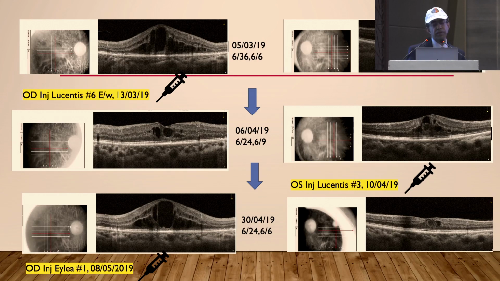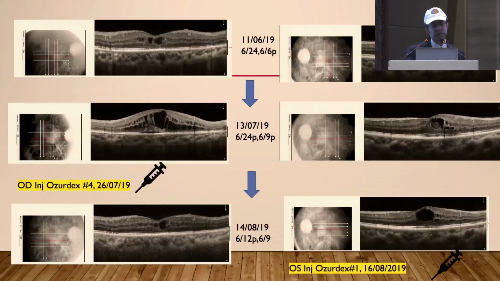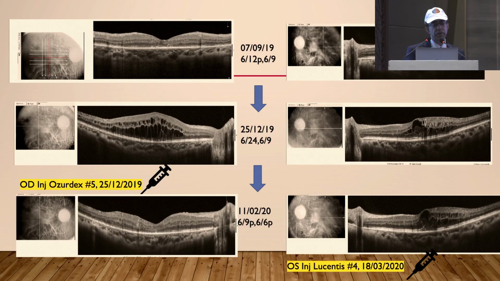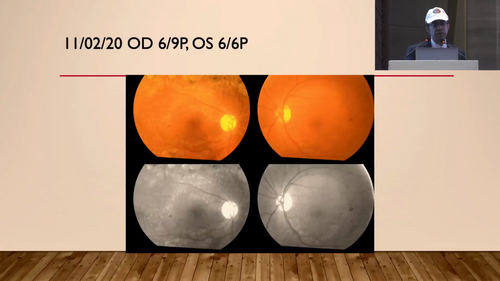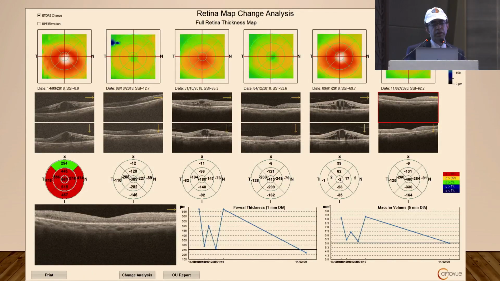At this point of time, we switched the patient to Eylea in 2019. And subsequently, patient did well, but had a few recurrences. But subsequently, we just managed to stabilize the patient on anti-VEGF injections. And aflibercept has this additional longer-term action, so it is more useful than the other agents. And you can see the seesaw effect of anti-VEGF agents here.